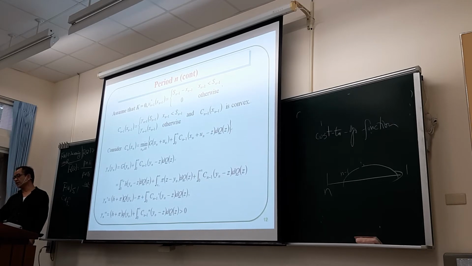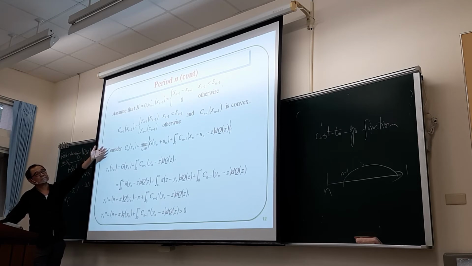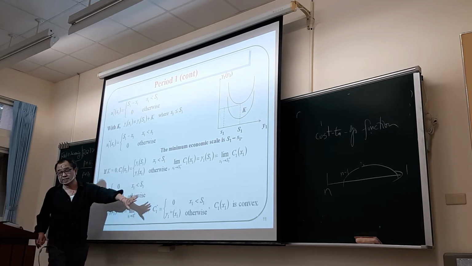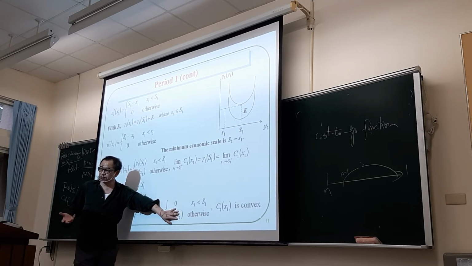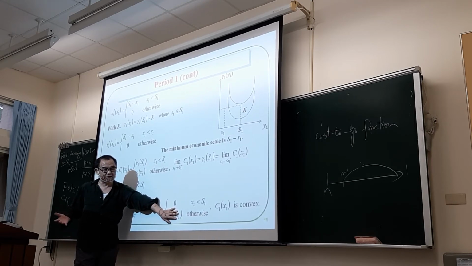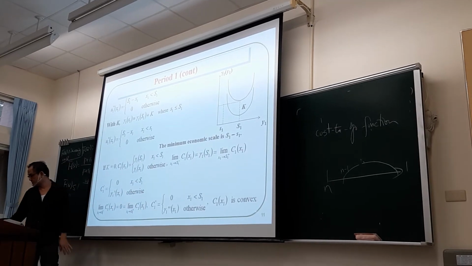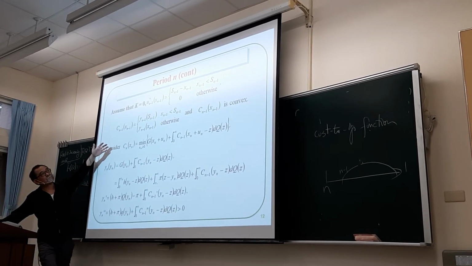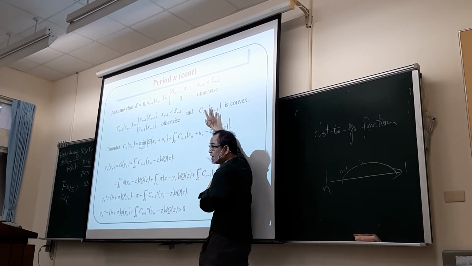So for the period n problem, because we assume the setup cost is 0, by induction, because period 1's result is convex, we assume the result for period n minus 1 has the same pattern and the same properties as period 1.